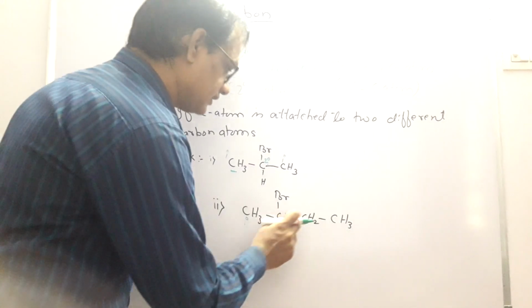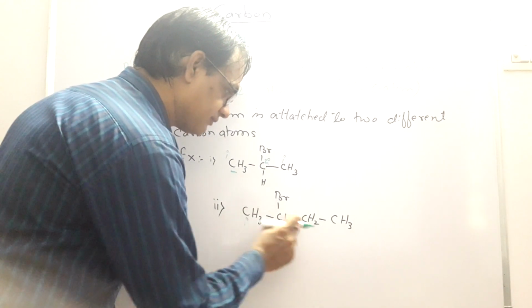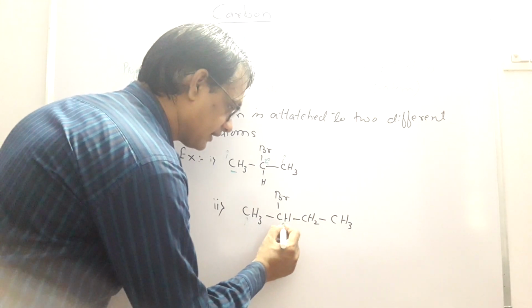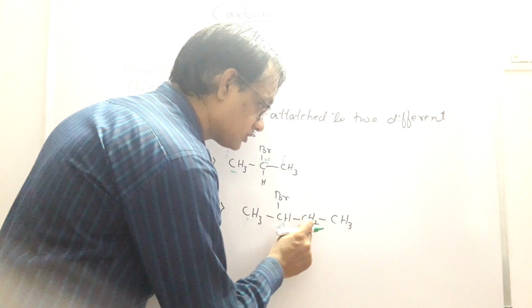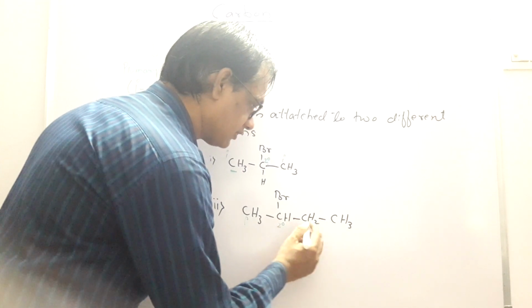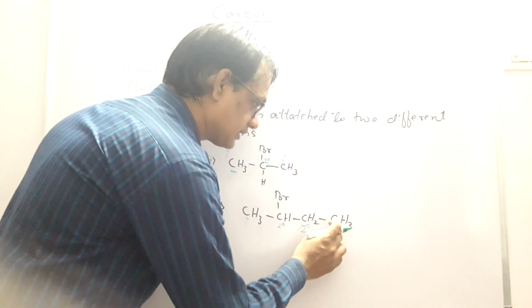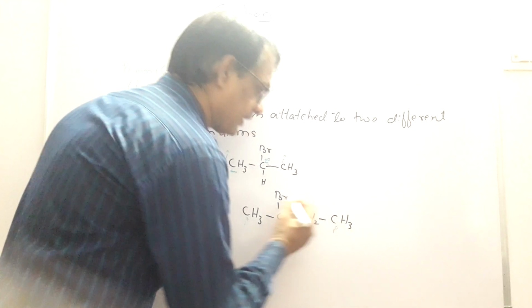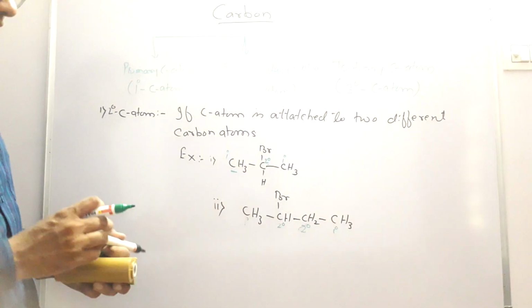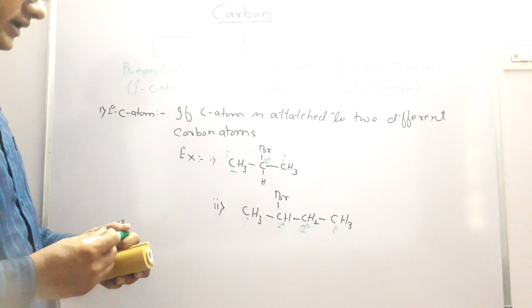This carbon atom is directly attached to 2 different carbon atoms, therefore it will be a secondary carbon atom. This carbon atom is also attached to 2 different carbon atoms, therefore it will be a secondary carbon atom. And this carbon atom is attached to only 1 carbon atom, therefore it is a primary carbon atom. So I hope you understand this primary and secondary carbon atom.